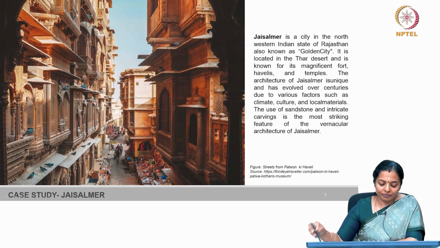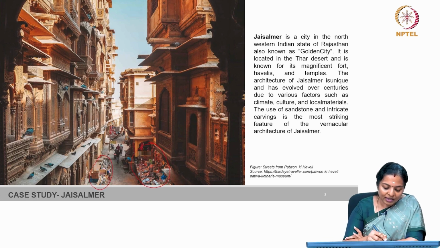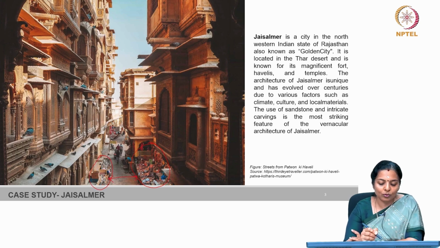In this picture, you can see how some spaces today have been created into markets. You can see how the street width is so narrow. You can look at the aspect ratio. Aspect ratio is nothing but the proportion of the building with respect to the street width.